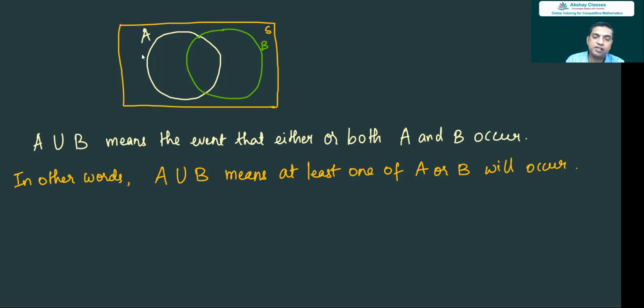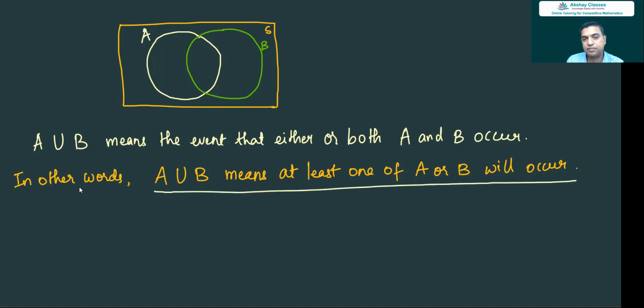This is the meaning of A union B. There are elements of A and elements of B. So A union B means at least one of A or B will occur.